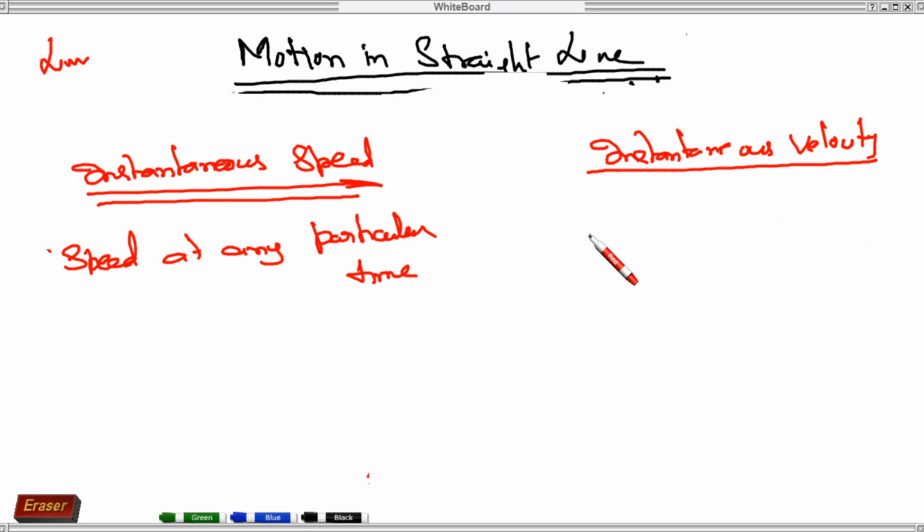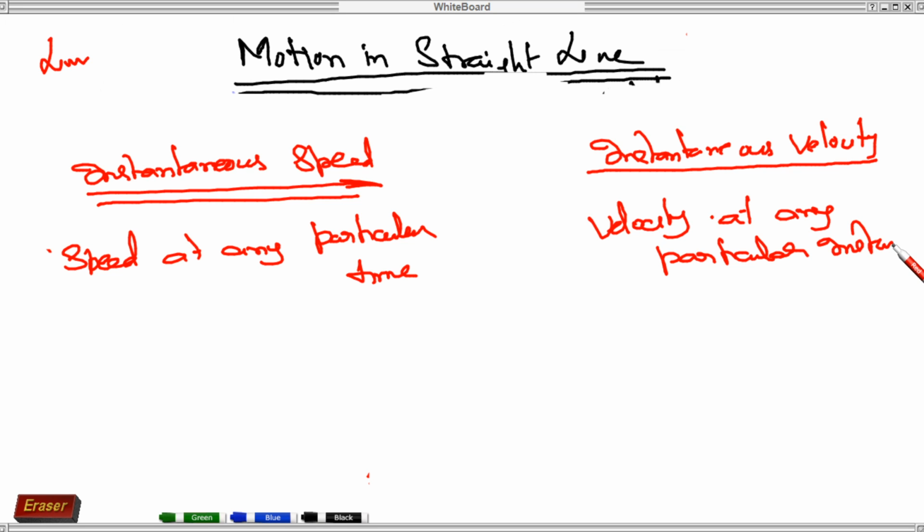And velocity at any particular instant, any particular time, is the instantaneous velocity. So the speed of an object at a particular instant is called the instantaneous speed.